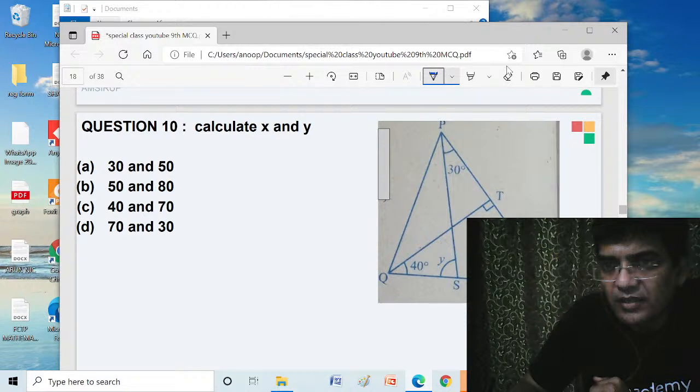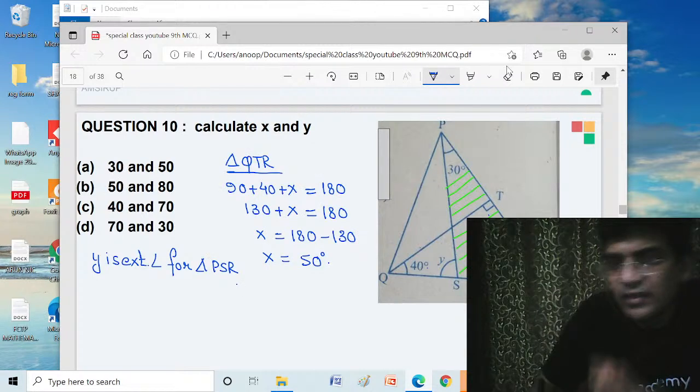So here I can say y is an exterior angle for triangle PSR.